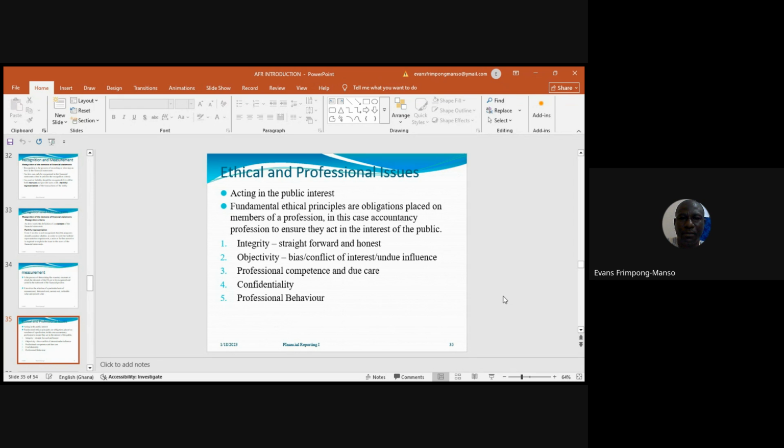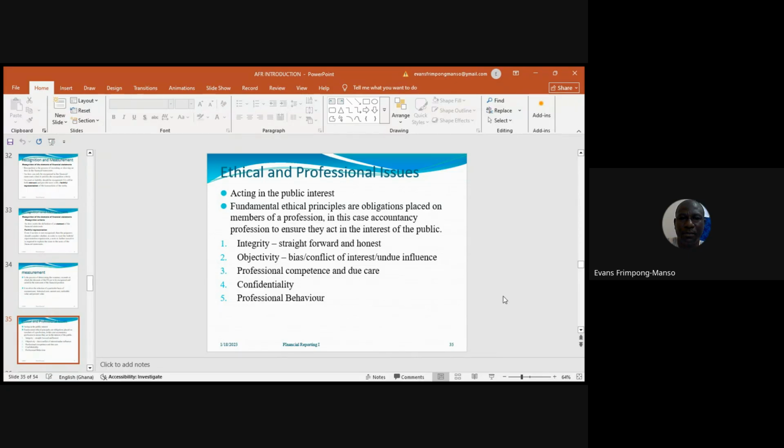And we have 5 of such ethical principles. We have the principle of integrity. We have the principle of objectivity. We have the principle of professional competence and due care. We have the principle of confidentiality. Then the principle of professional behavior.